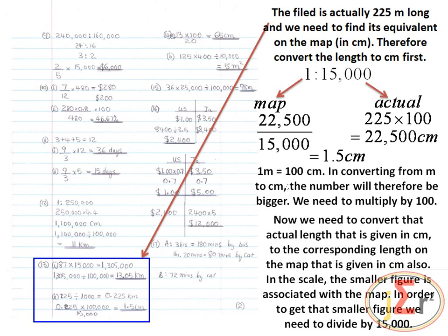centimeters. Of course, 1.5 should not be so shocking, because we know that 225 is related to 15. As a matter of fact, 225 is the square of 15. So if we divide 225 by 15, we should get 15.